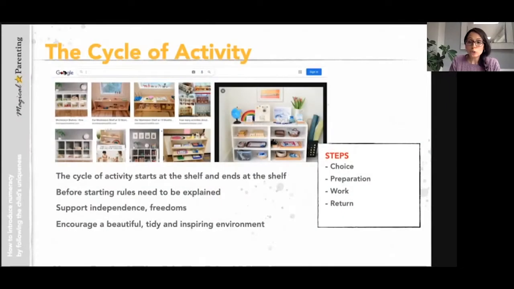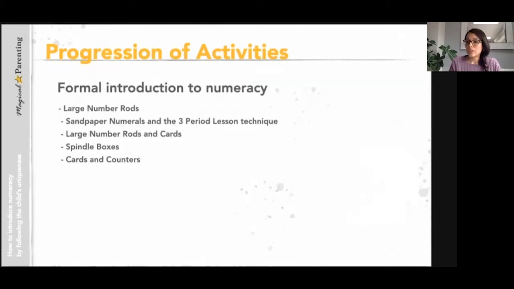So now I'm going to introduce the progression of activities. Before, we were talking about the indirect introduction to numeracy. Now we're actually talking about how to introduce numbers and symbols and what they mean.